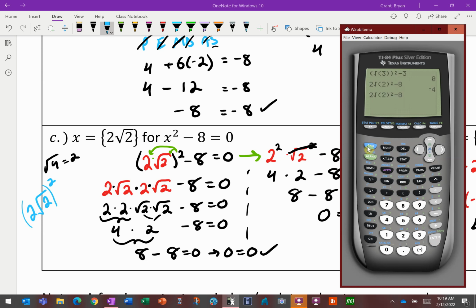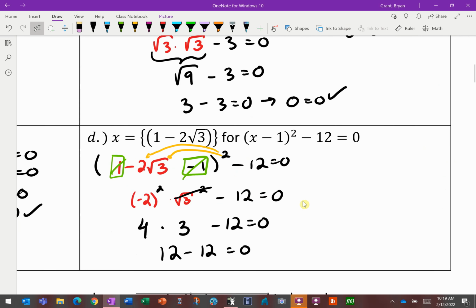The TIs usually do second and then delete to access insert. That will let me put a parenthesis without deleting anything. They always insert to the front, so I'm going to do second insert on the square and do another parenthesis right here. Now we have 2 square roots of 2, and that whole thing is being squared, and when I hit enter, I get 0. Go ahead and try that last one over here.